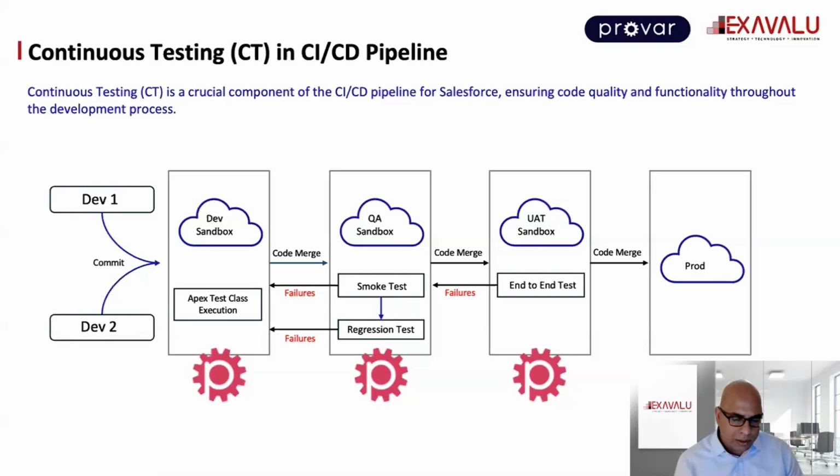This is a whole subject by itself, but what we are proposing here is a model for a CI/CD pipeline where multiple developers are committing to the dev sandbox, which automatically executes the Apex test classes, then in turn doing a code merge and testing the functionality in a QA environment. So you'll see the points we made about the test environments being illustrated here. These are environments that everybody should be familiar with when you're working in the Salesforce ecosystem. The kinds of tests that you're executing are also indicated there.